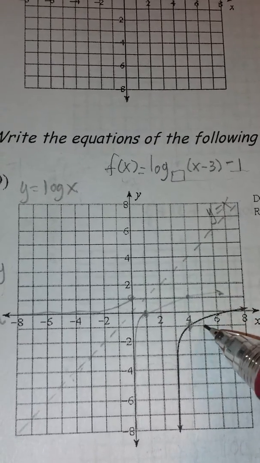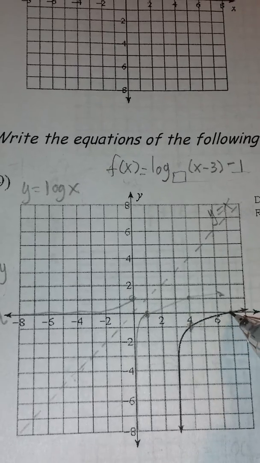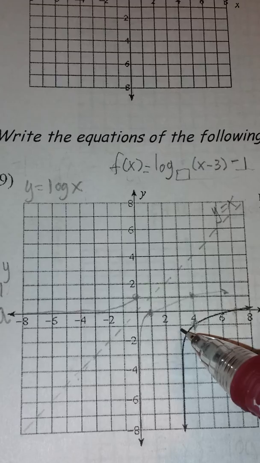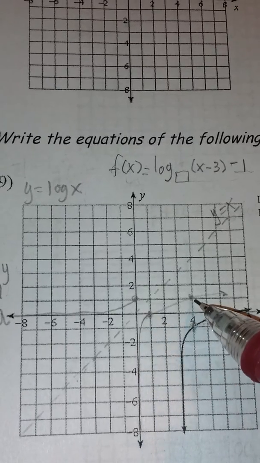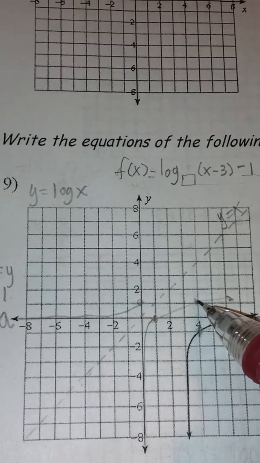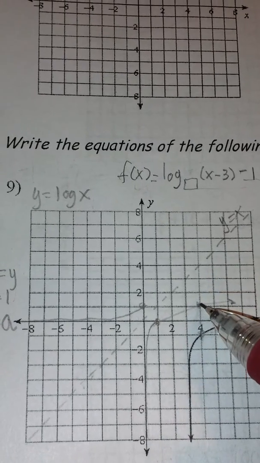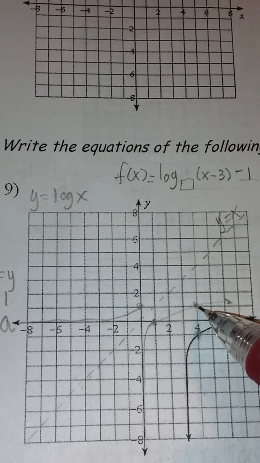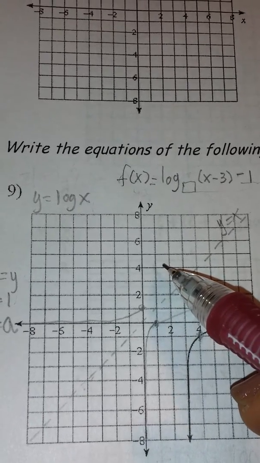I've tried to keep some key points here, so we've shifted it over so you can see. Now I'm going to reflect this over the line y equals x so you can see the equivalent of it in its exponential form.